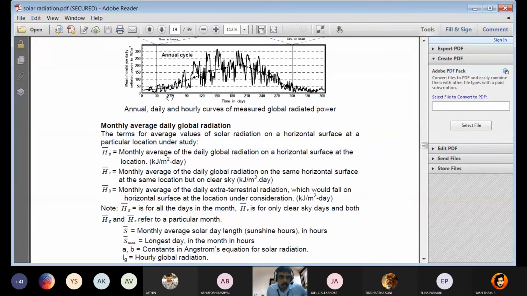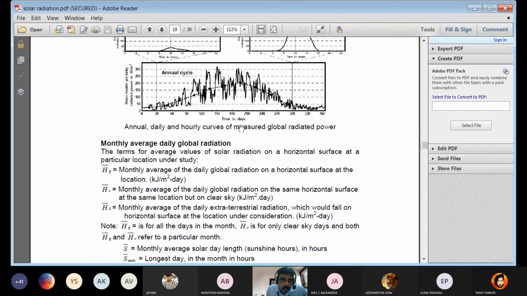So this is the graph showing annual, daily, hourly curves of measured global radiation. You can see time of the day. At various times, in the morning it starts from 0, then it increases to the peak at noon, then it decreases. So this variation is there.